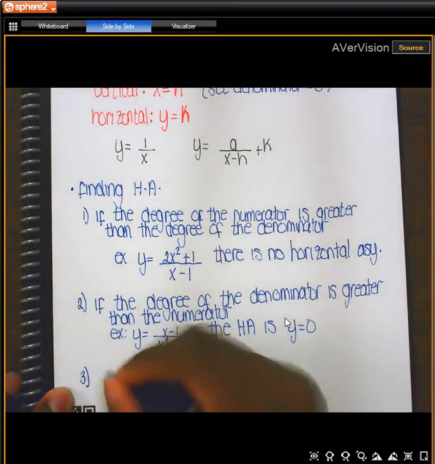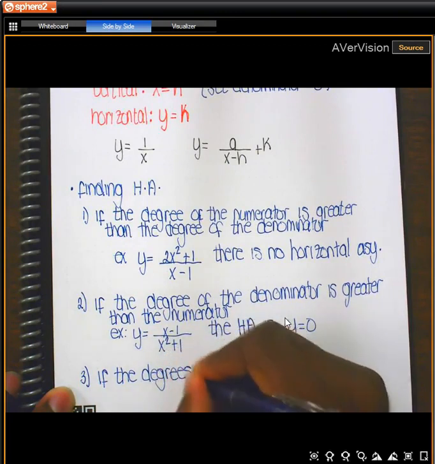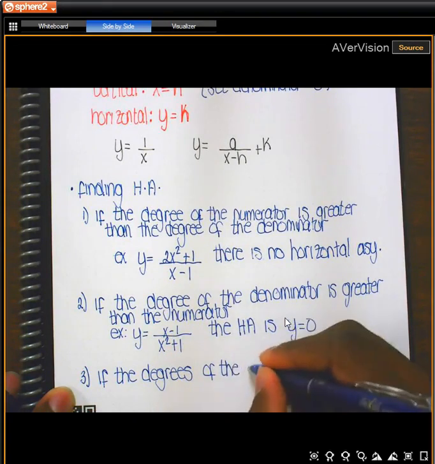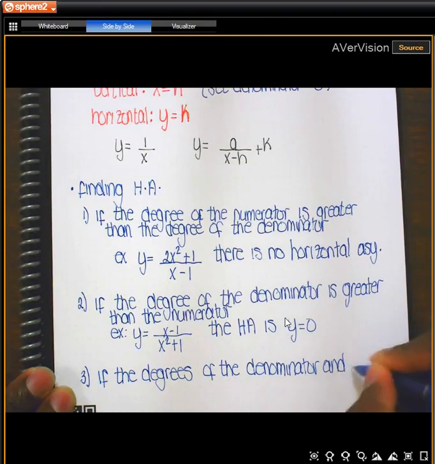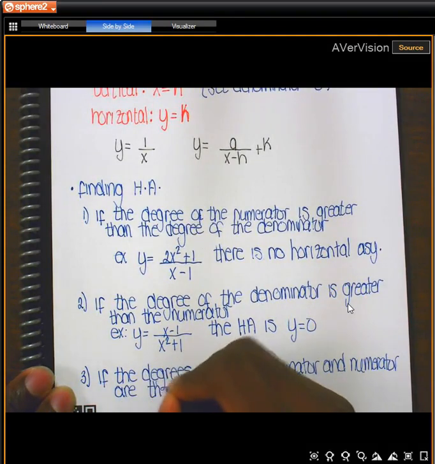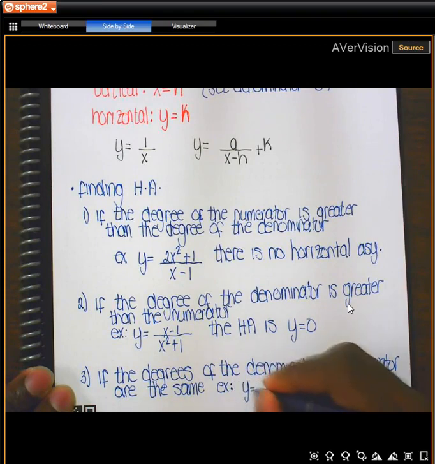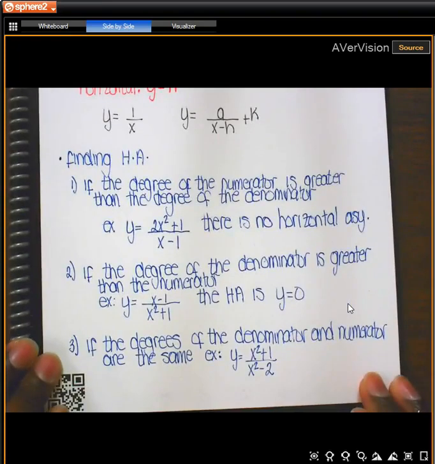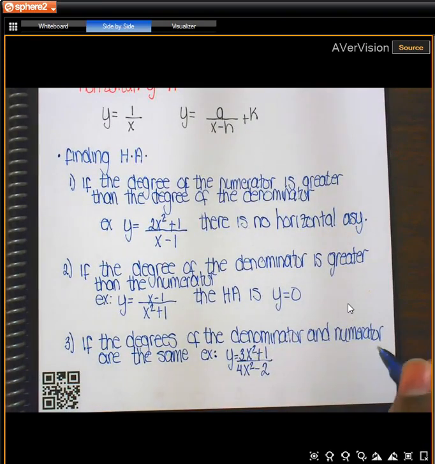And the third case is when the degrees are the same. So if the degrees of the numerator and the denominator are the same, how do we find the horizontal asymptote?